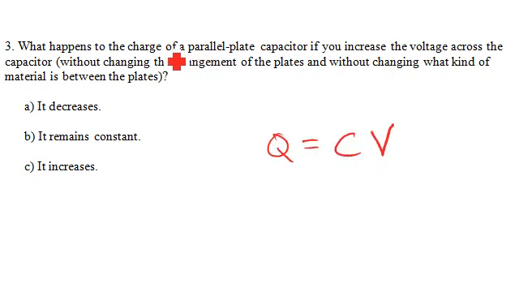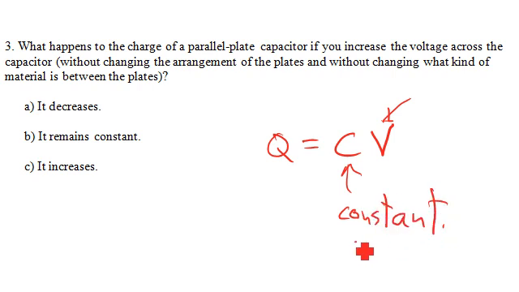What happens to the charge if you increase the voltage? So if V goes up, given that C is constant, because we're not changing the physical structure of the device or the arrangement of the plates making up the capacitor, then Q has to go up, so Q increases.